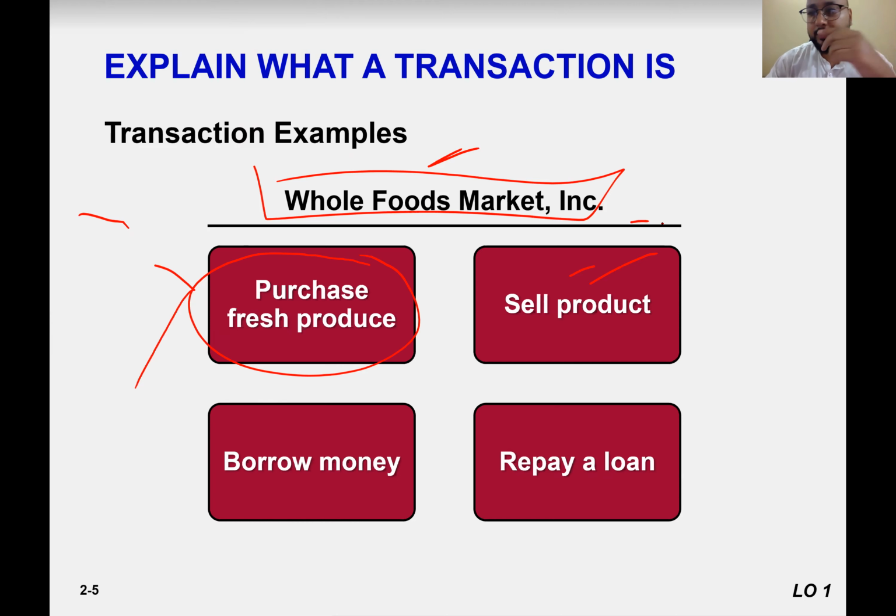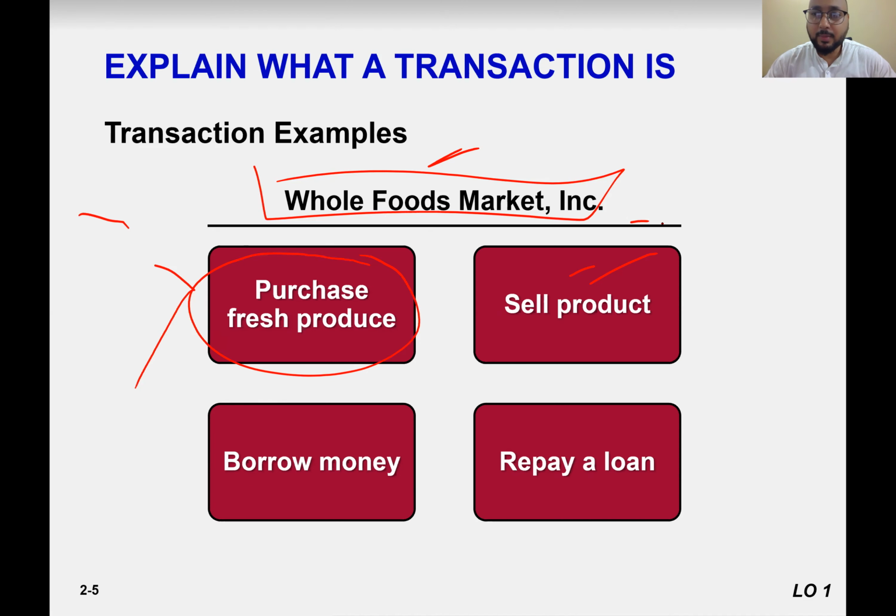When you sell the product, now the product is going out and money is coming in. Two sides. Borrowing money, right? How are you going to record this one, and what are the two sides? When you borrow money, money is coming inside.